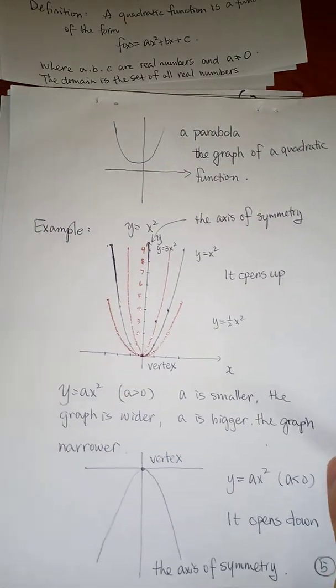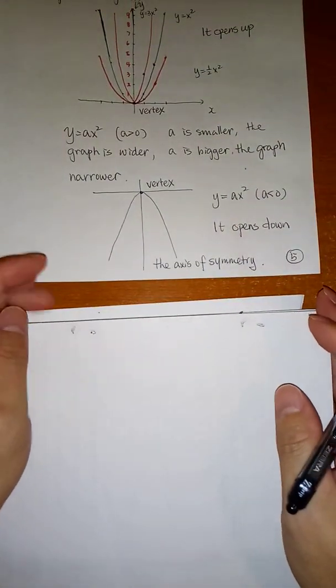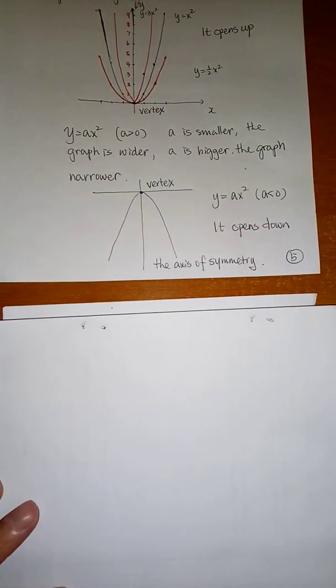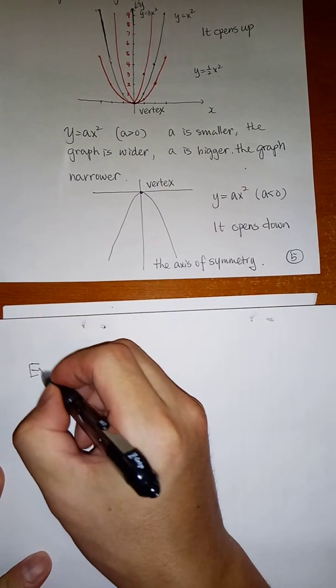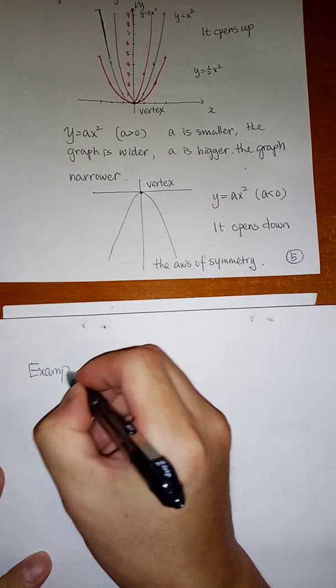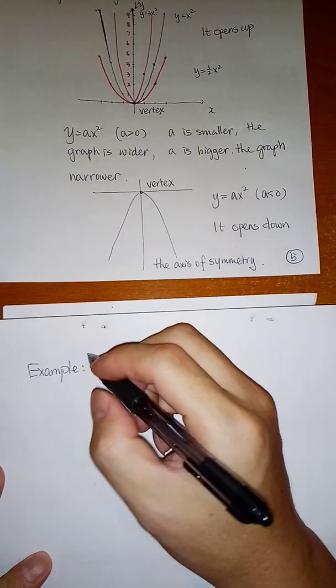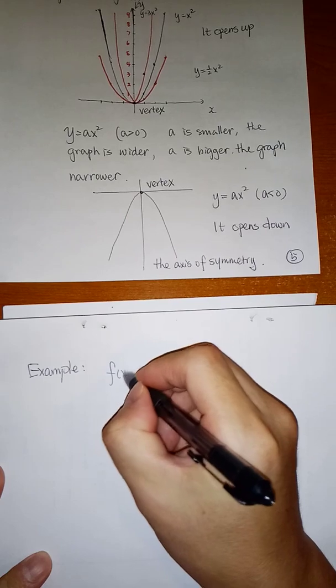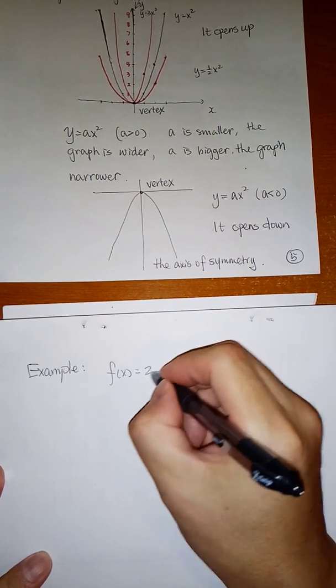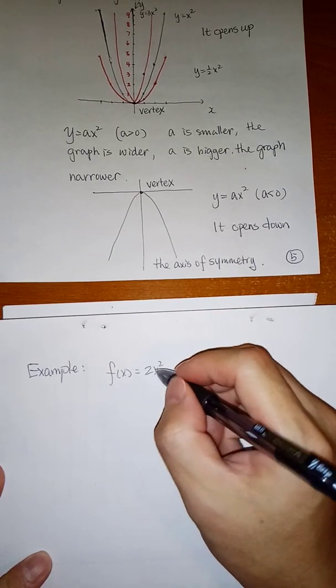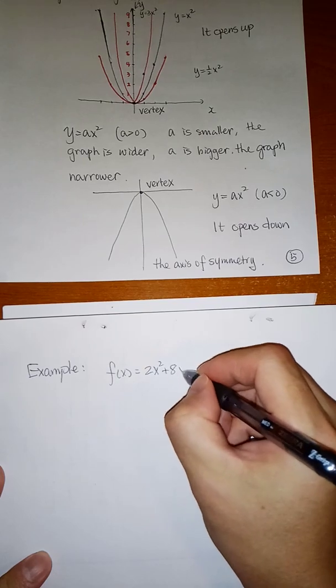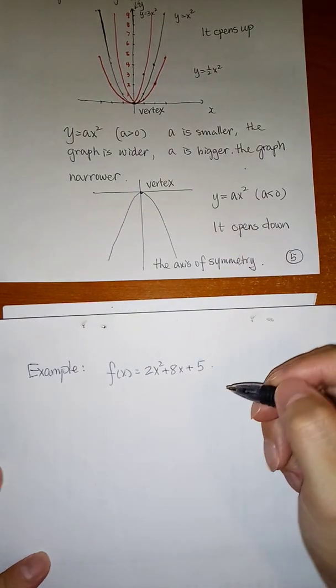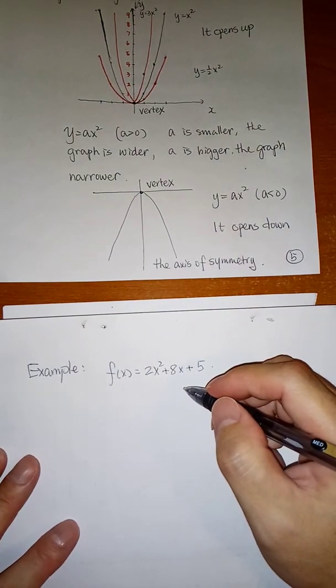Okay, so how do we sketch or determine the graph when we have b and c? When we have b and c, let's use an example first, and then we discuss the abstract formula. So assume we have f(x) equal to 2x squared plus 8x plus 5. It's a quadratic polynomial, a quadratic function.